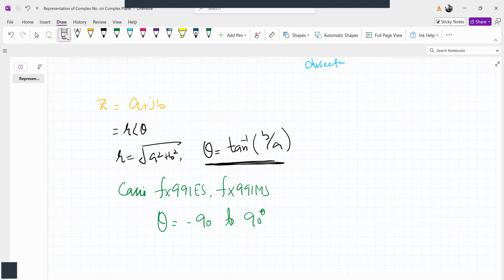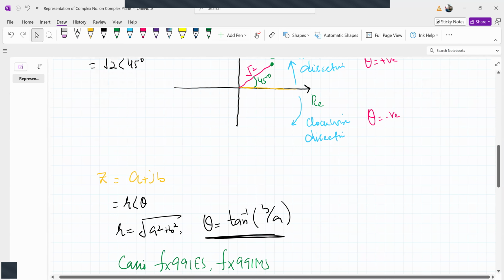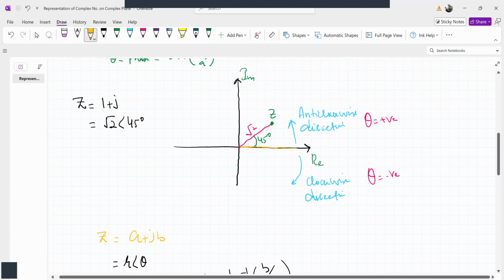So when we use these applications or scientific calculators, theta will always be in this range. So where is minus 90 to plus 90? We measure the angle from this axis, minus 90 degrees to 90 degrees, from this to this.